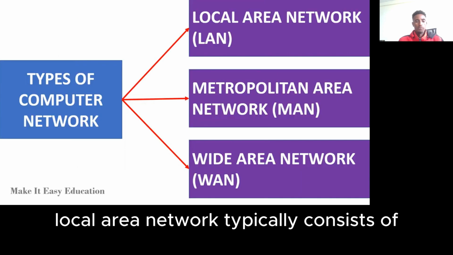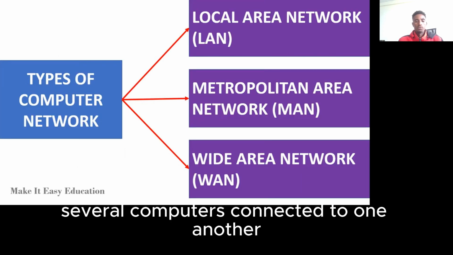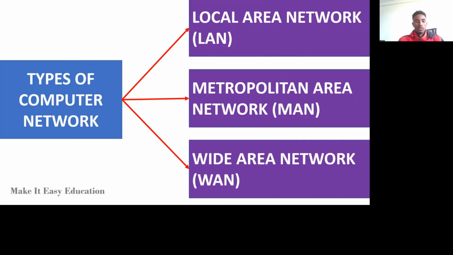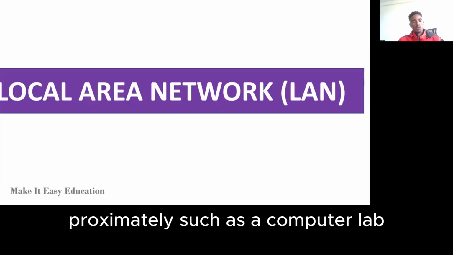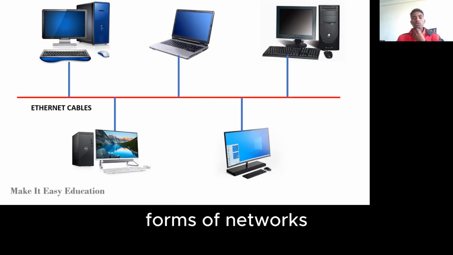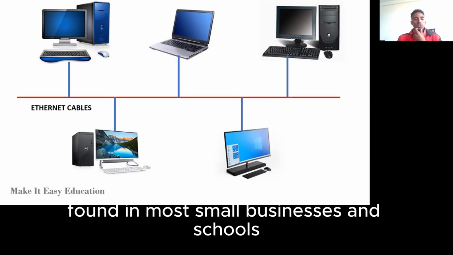A local area network typically consists of several computers connected to one another, usually located in close proximity, such as a computer lab. Local area networks are the most common form of network found in most small businesses and schools.